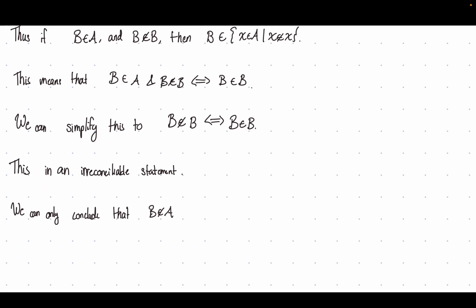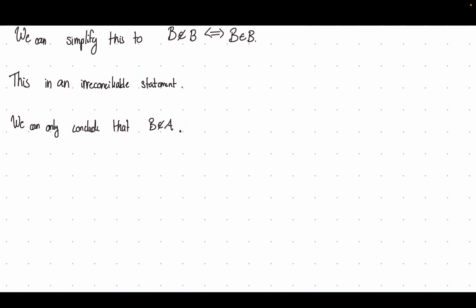But then B is not in A, which is equivalent to saying that B is not in the set of X such that X is a set. And thus, what do we get?